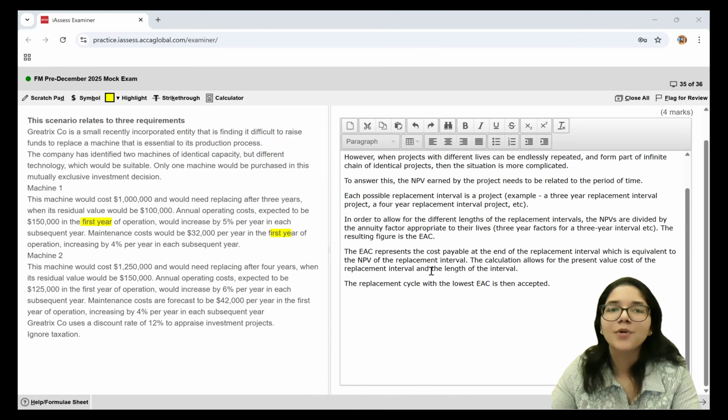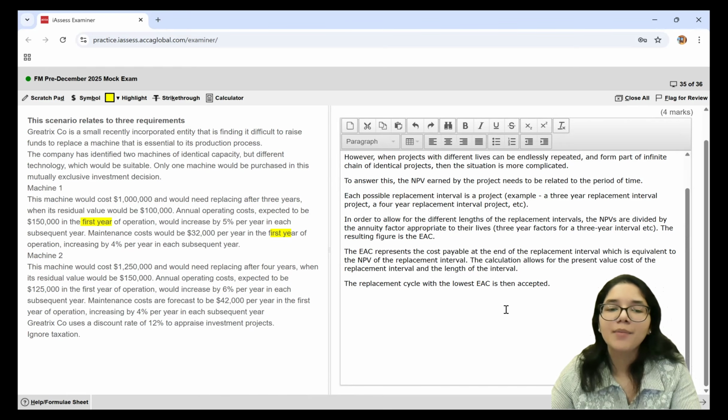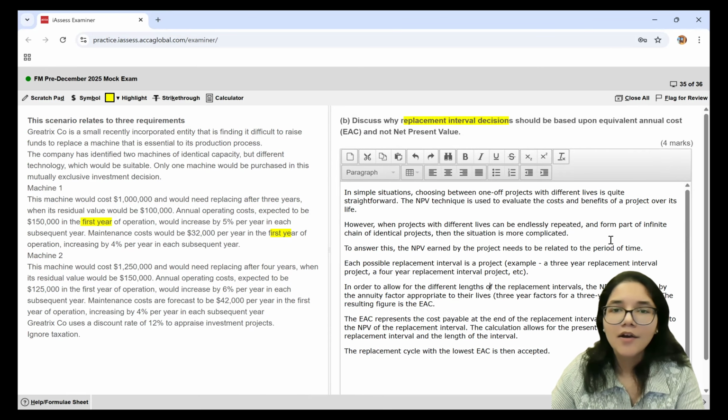You choose whichever replacement cycle gives you the lowest possible equivalent annual cost. So we choose the replacement cycle which has the lowest equivalent annual cost. This is how you will be framing your answer for the 4 marks that are available for this particular requirement.